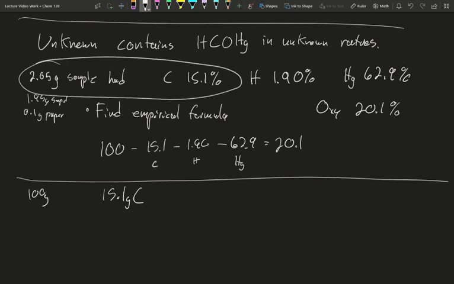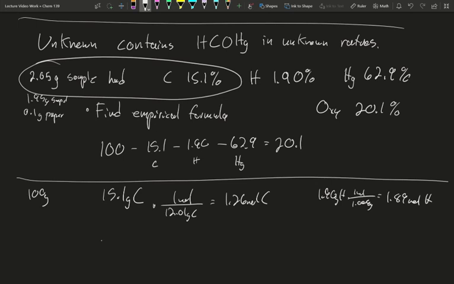Instead of 2.05 times 0.151 to find the real grams of carbon and then turn them into moles, I can just straight up use the percentage if I assume a 100 gram sample would also have 15.1%. And so I save myself one calculation for each element. It's 12.01 grams of carbon in 1 mole, for 1.26 mole of carbon. If I do that for hydrogen, 1.90 grams of hydrogen at 1.008 grams in 1 mole, for 1.89 mole of hydrogen.